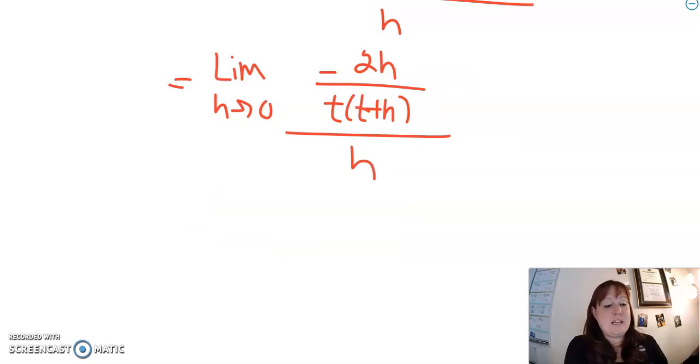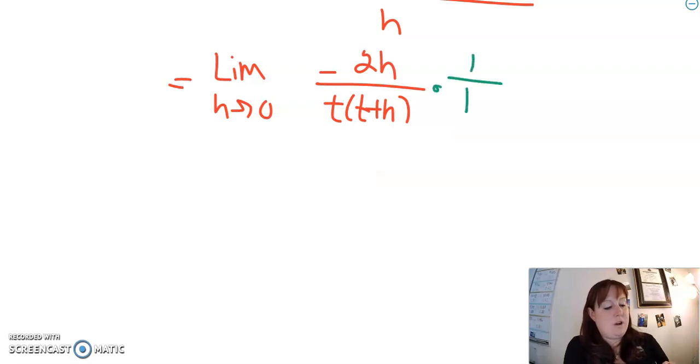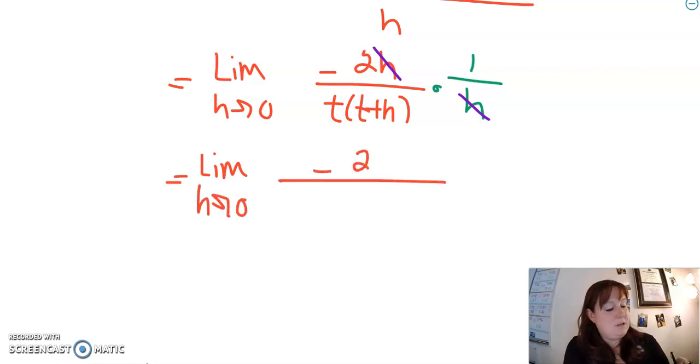Remember that dividing by h is the same as multiplying by 1 over h. So all I'm going to do is bring that h up, and now it's abundantly clear what I need to do. I have an h on the top, and I have an h on the bottom, don't I? So I still haven't evaluated my limit, so I have the limit as h approaches 0 of negative 2 on top times t plus h on bottom.